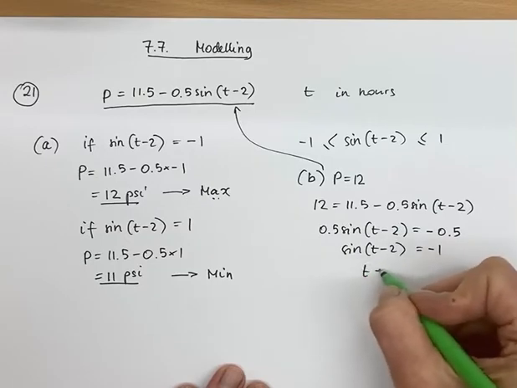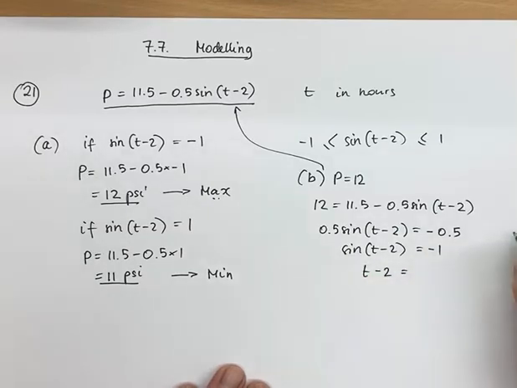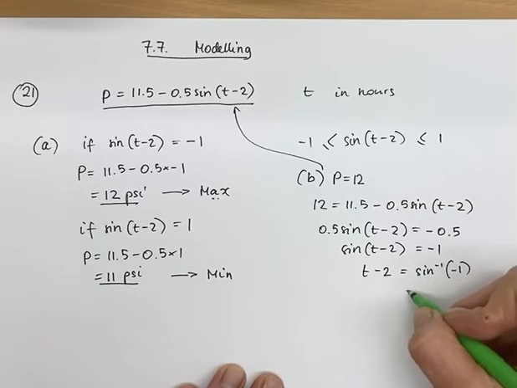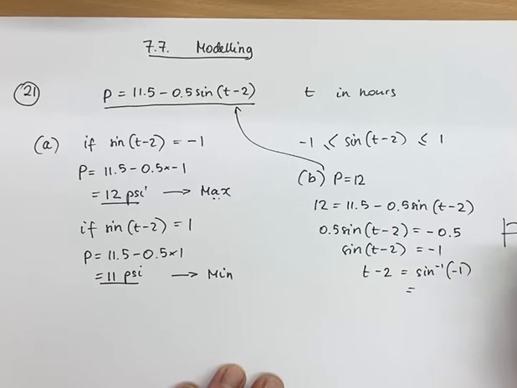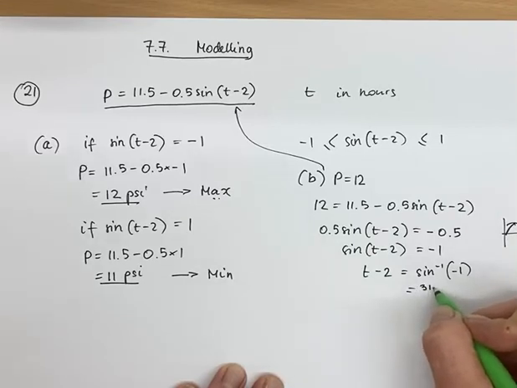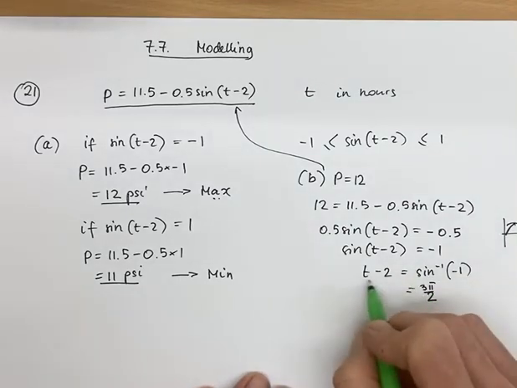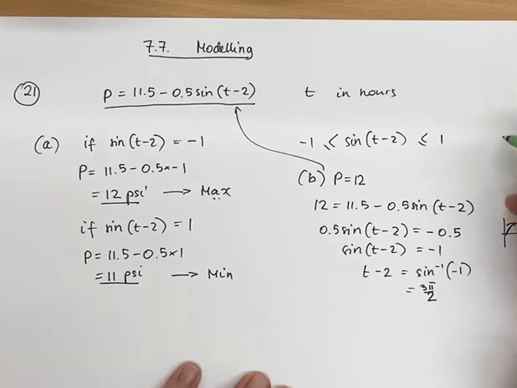So when is sine going to be equal to -1? If you think about doing the sine inverse of -1, you can also refer to your graph of the sine function. There you go, this is going to be at 3 pi over 2. But because you've got a transformed graph, you need to be very careful, because you also reach -1 at minus pi over 2.